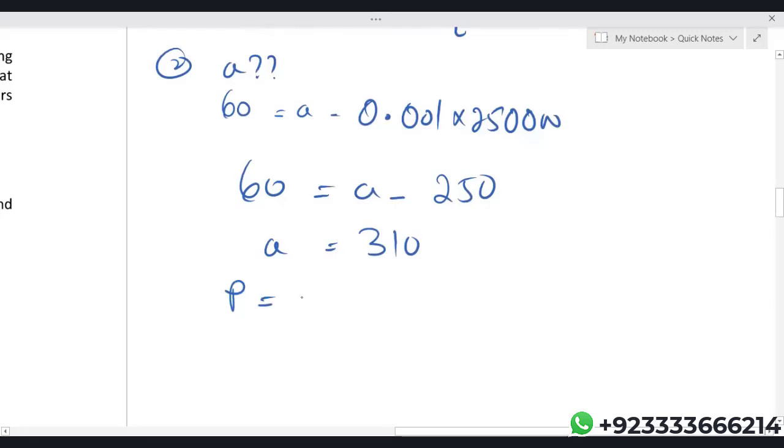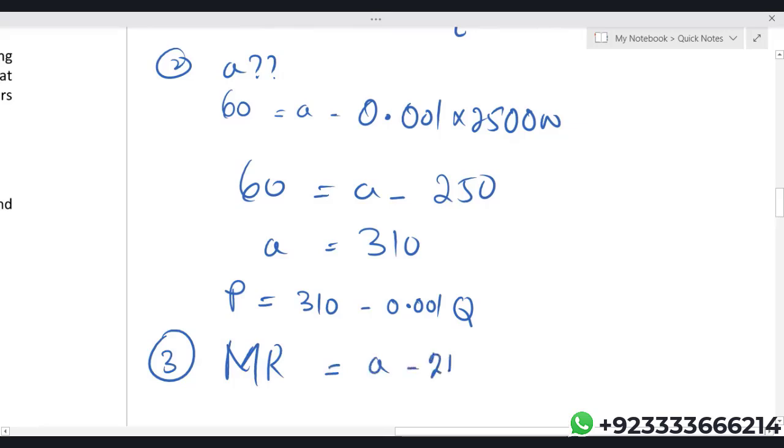P is equal to A minus BQ. Now convert this demand function into MR. MR is equal to A minus 2BQ.